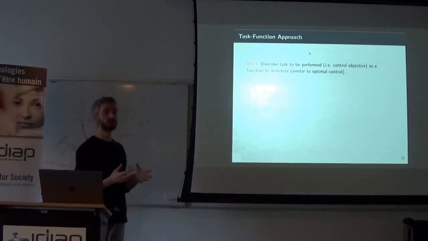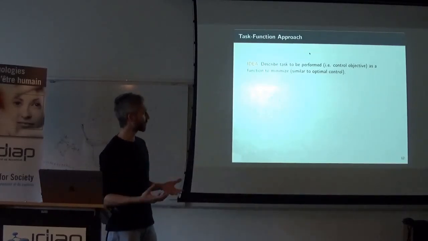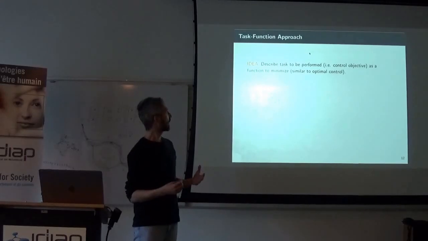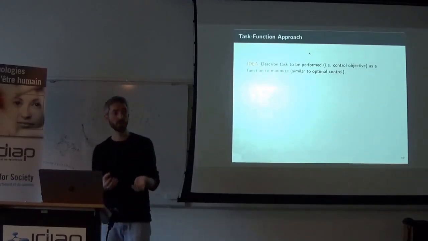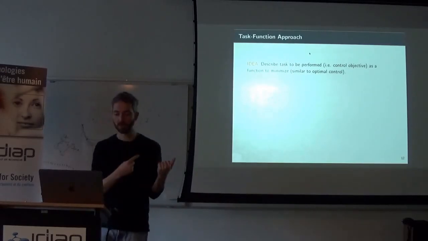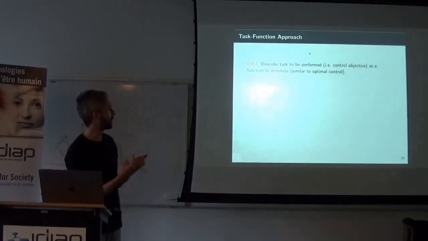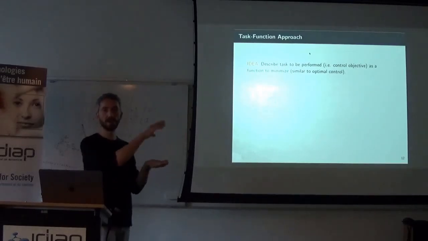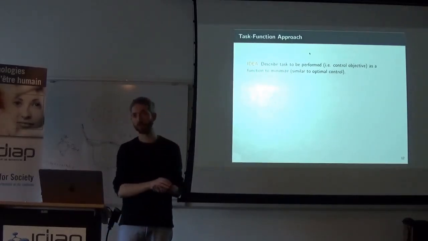That is, we describe the task to be performed as a function that we would like to minimize. And in practice, we will see that the function that we would like to minimize has its minimum at 0. So it's a function that we would like to drive to 0.